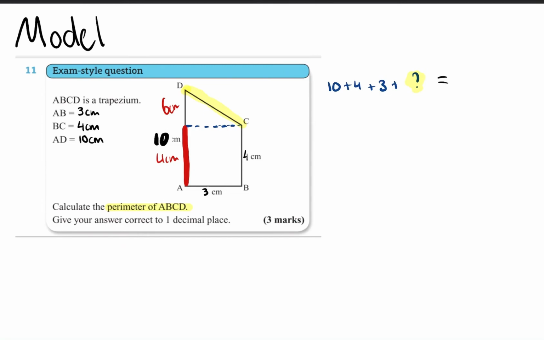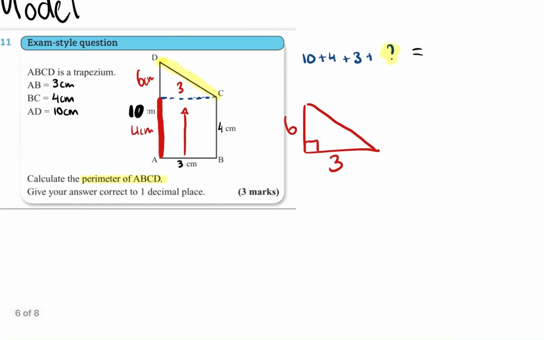And we can see that that 3 centimeters is also 3 here. So we get a nice little right angled triangle here. Let me just redraw that out here. So now we can see that our missing length, we've got 6, 3, and we don't know the unknown. That's what we want to know to complete our question. So we'll label that C.